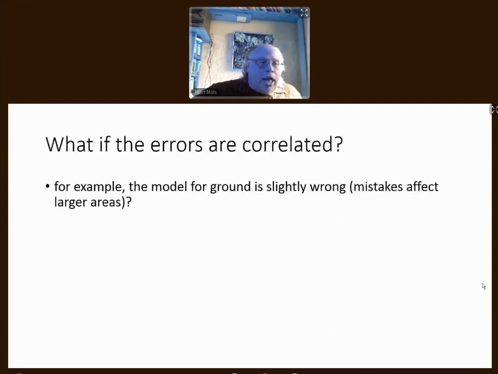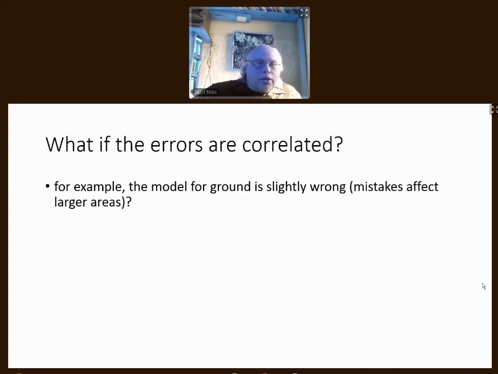For example, if your ground model is slightly wrong, if you estimate weights wrongly in some area for whatever reason, because there is some special type of undergrowth in the forest present, or something like that, then probably these errors will be similar in one point and in the next point, that is maybe a meter or two away from your first point.